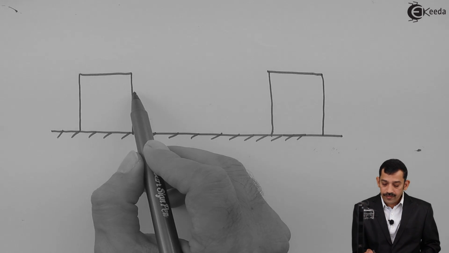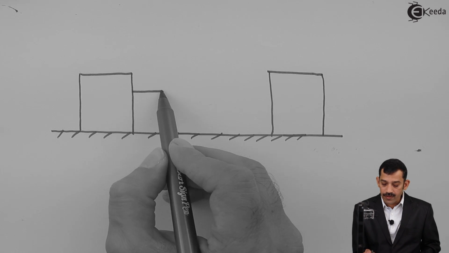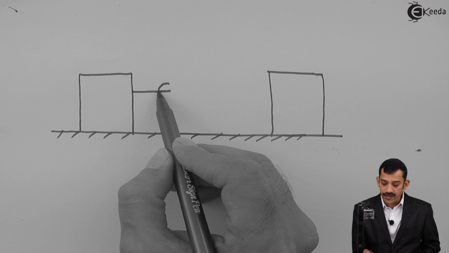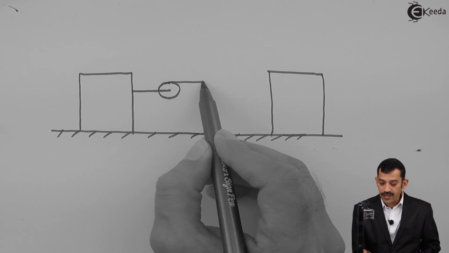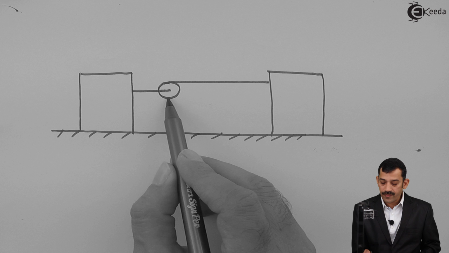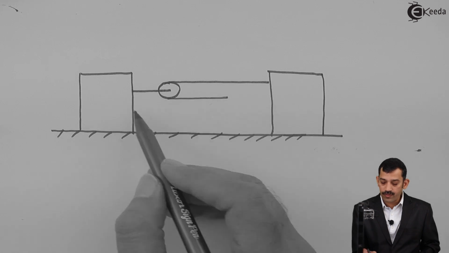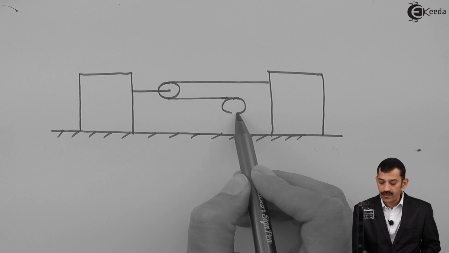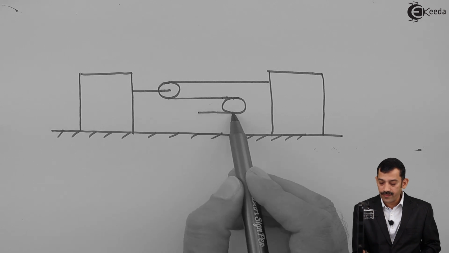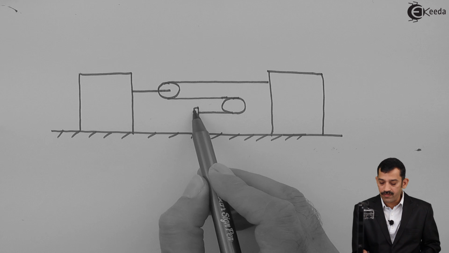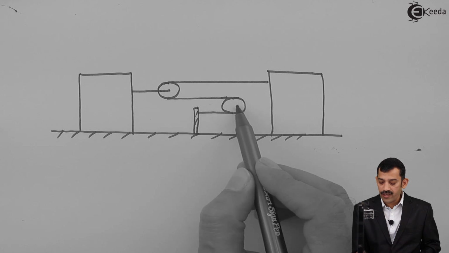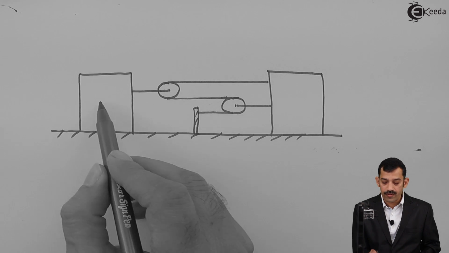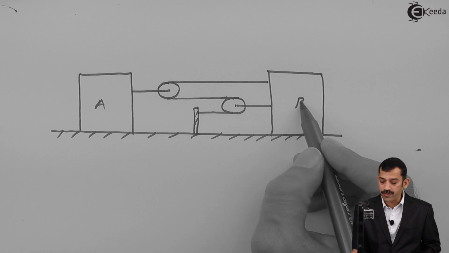Number 1, here there may be one horizontal cable and this one is a pulley. One string is connected to this block, then the string is passing over this pulley. There is one more frictionless pulley, and this one is a rigid support. The center of this pulley is connected to this block. Say this is block A, this is block B.